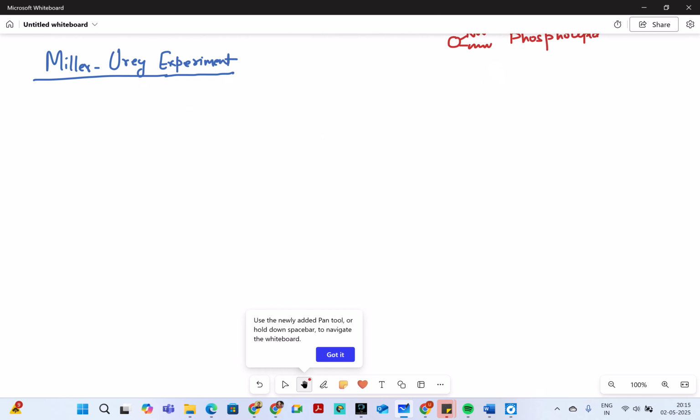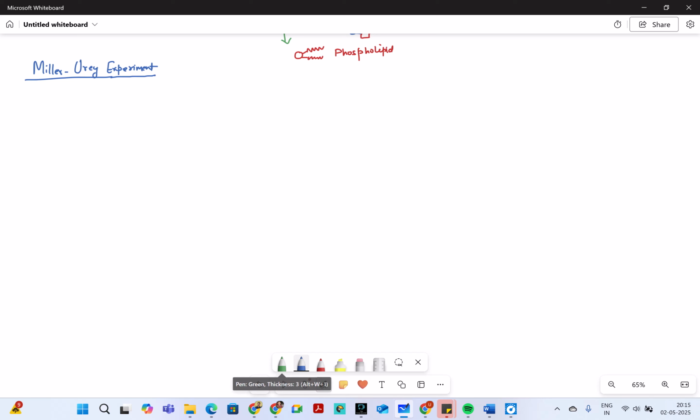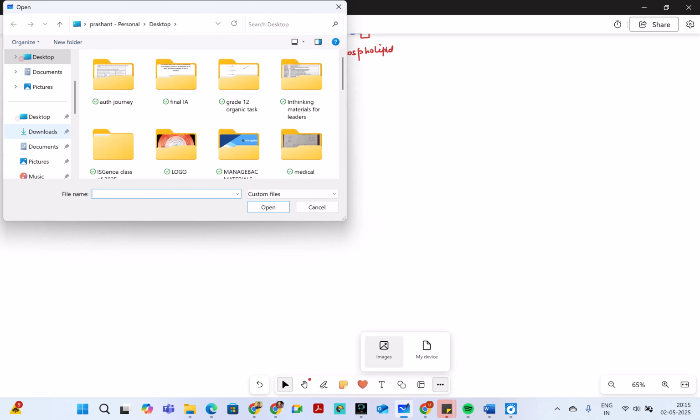So let me show you the setup, how they have formed, right? Just give me a second. Let me put the pictures for you so that we can understand how the arrangement was done.